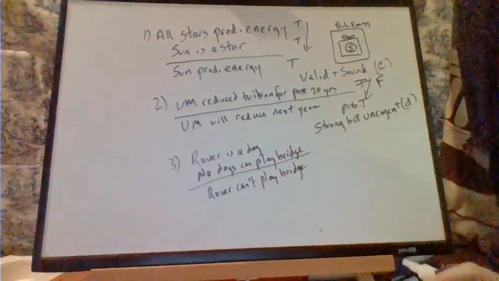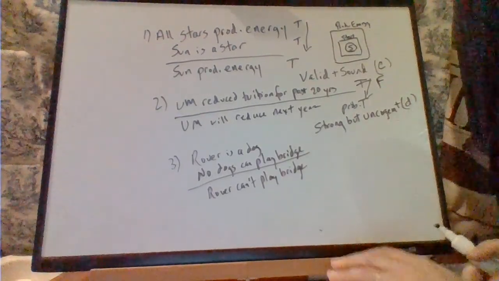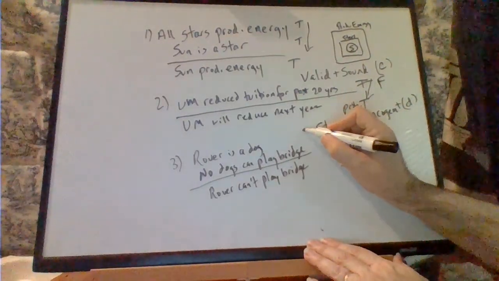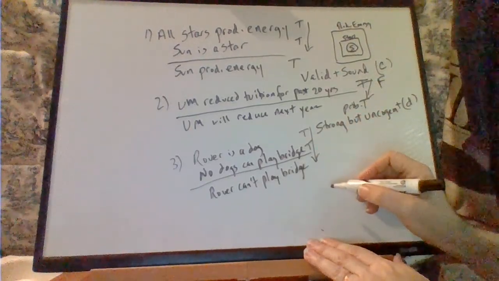Okay. Well, it looks like we have a deductive argument, so we're going to treat this as deductive and test the validity. Assume the premises are true and see if they will force the conclusion.